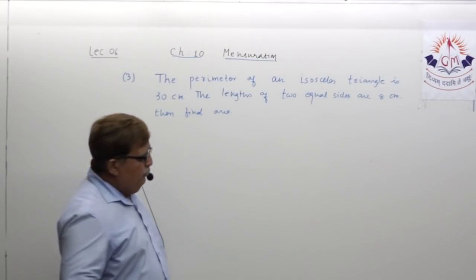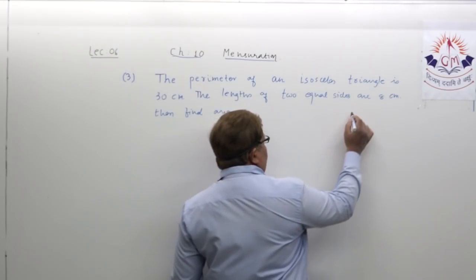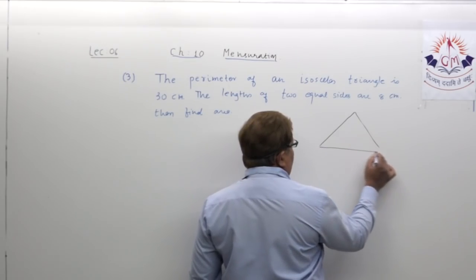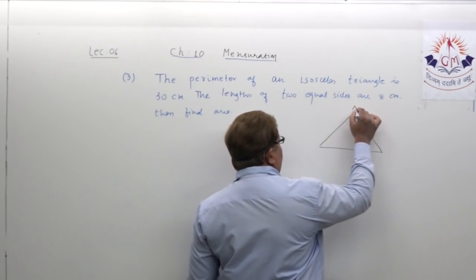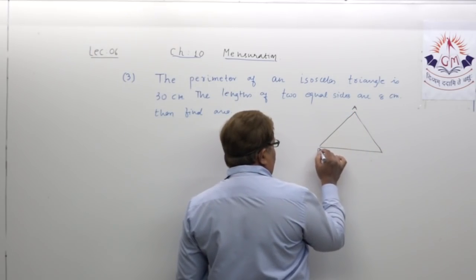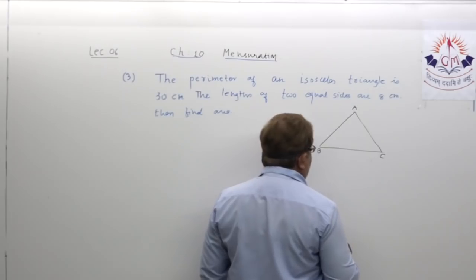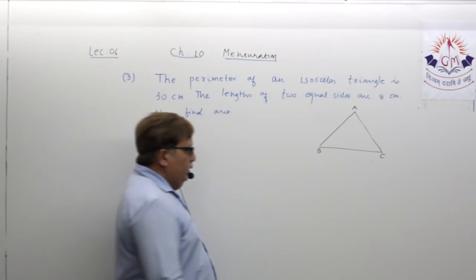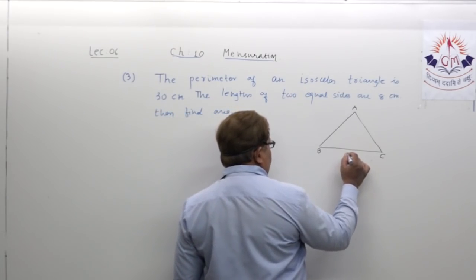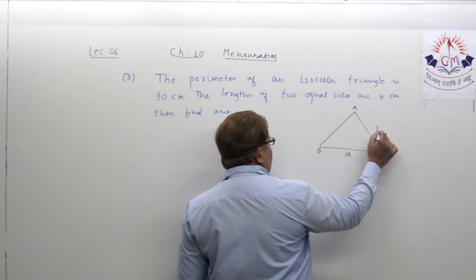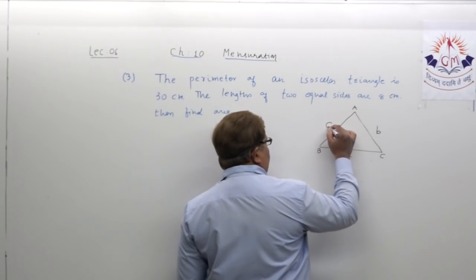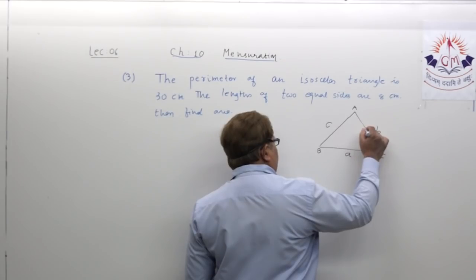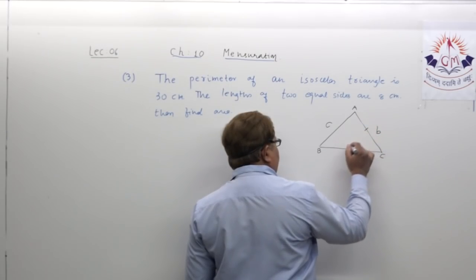As usual we do, what we do? Just construct a simple triangle for our understanding, triangle ABC. Now in this triangle ABC, as you know my dear students, we say one side is a, one is b, and one is c. Two sides are equal because it is an isosceles triangle.